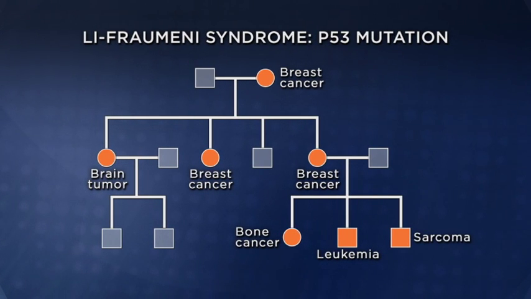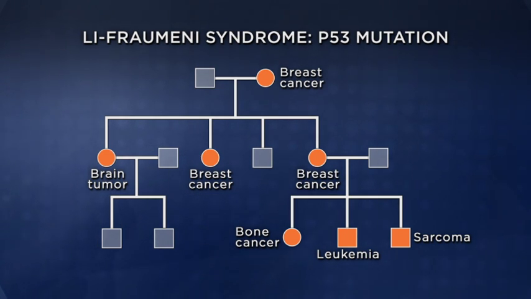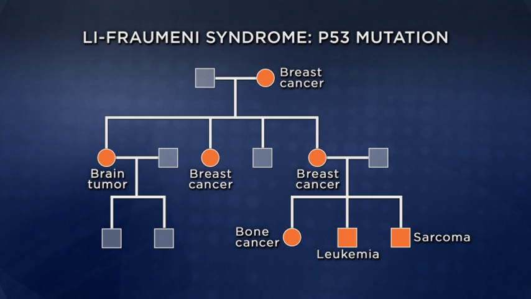You'll recall the family with inherited breast cancer, the Li-Fraumeni family, which shows cancers in brain and breast and bone and leukemia and sarcoma. Why would that be? They all have the same mutation in the P53 gene, so they don't make a good P53 and it doesn't work. They get various cancers.